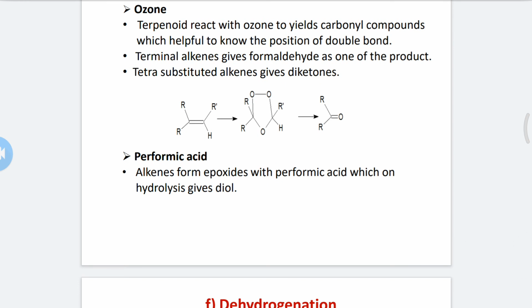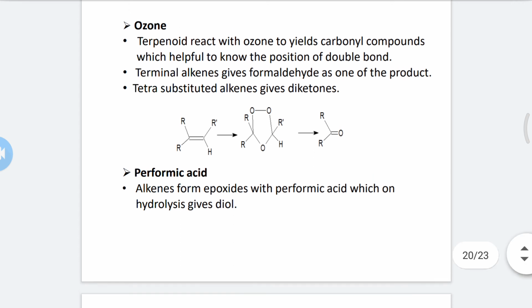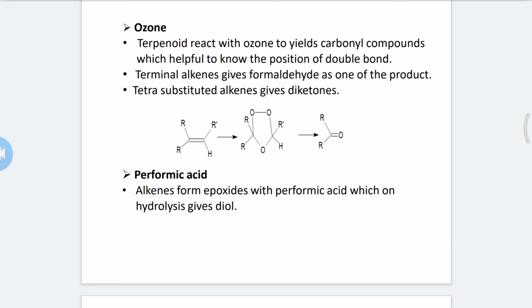Another example is reaction with ozone. Terpenoids react with ozone to yield carbonyl compounds, which helps us know the position of double bonds in terpenoids. This is the ozonolysis reaction.